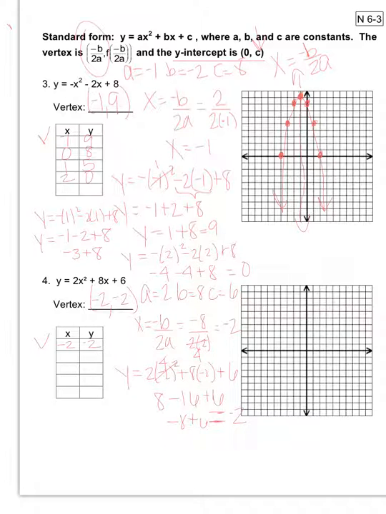And then I'm going to choose 3 x values that are either larger than negative 2 or smaller than negative 2. It doesn't matter which way you go. I'm going to do negative 1, 0, and 1. Okay, so plugging in a negative 1.